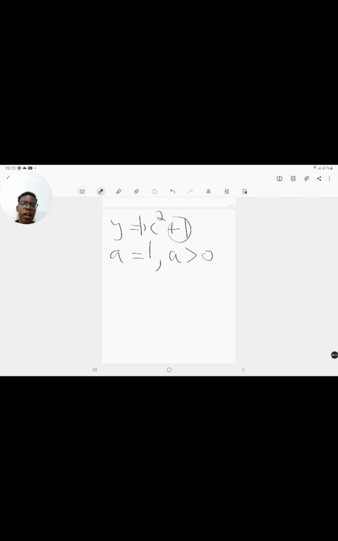Then c is 1, meaning our graph will cut through the y-axis at 1. So if we have a 1 here, this is where our graph will cut our y-axis, and it has a smiley face, so our graph will look like so. That's what our graph will look like.